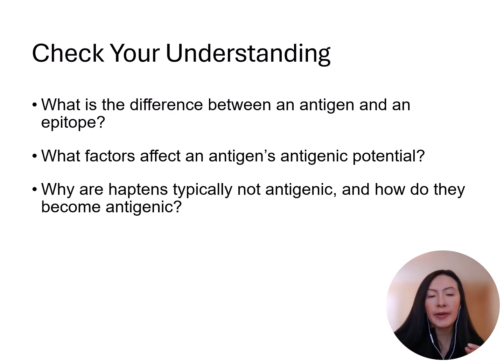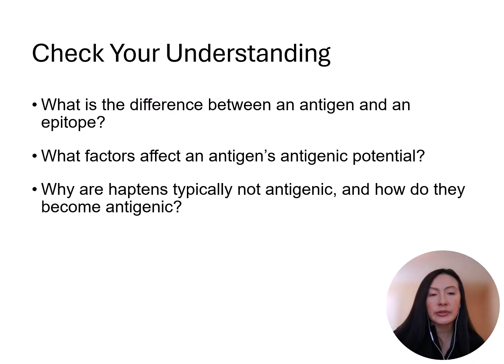Another factor that can affect their antigenic potential is size. So larger molecules have more epitopes. That would lead to a stronger response, as well as their structural shape, their three-dimensional shape or configuration.